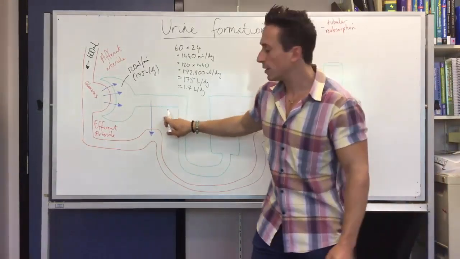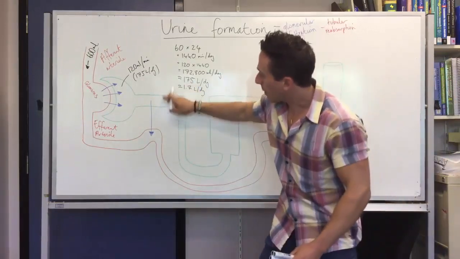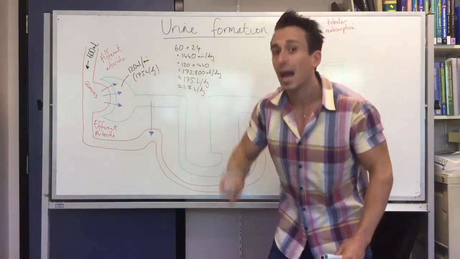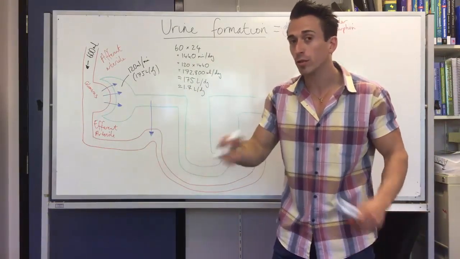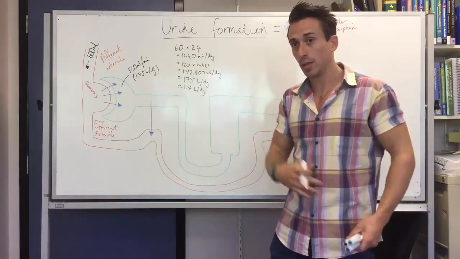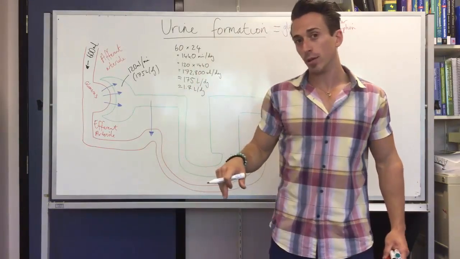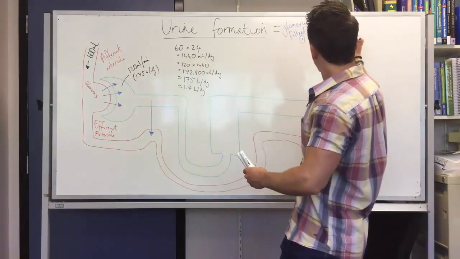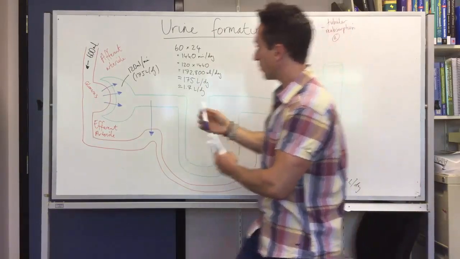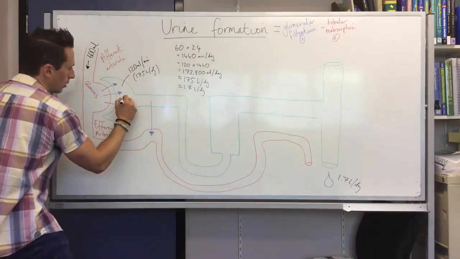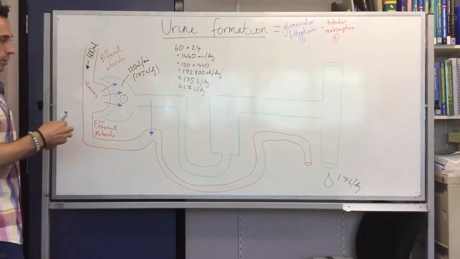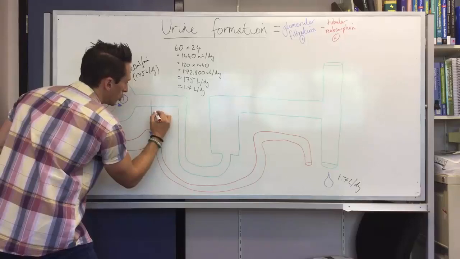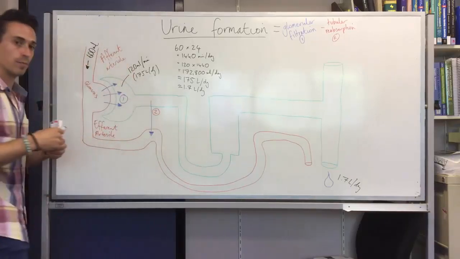So that's the tubules, and it's going back into the body, so it's reabsorption, not absorption, because you've already absorbed this stuff before in the glomerulus. You're reabsorbing it back into the body. So this is step 2, tubular reabsorption. So let's label this a bit better. Here, step 1, filtration, and this is step 2, tubular reabsorption.